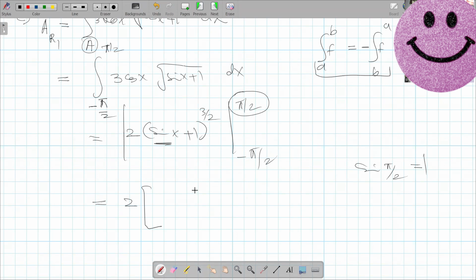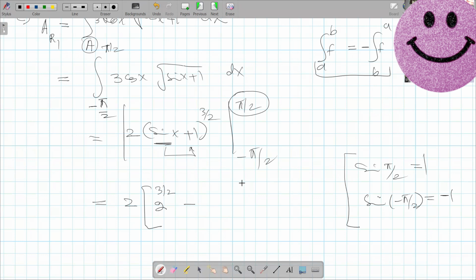Let's calculate this. Sine pi by 2 is 1, and what about sine negative pi by 2? Its value is negative 1. So for the upper limit, 1 plus 1 will be 2, so 2 times 2 power 3 over 2.